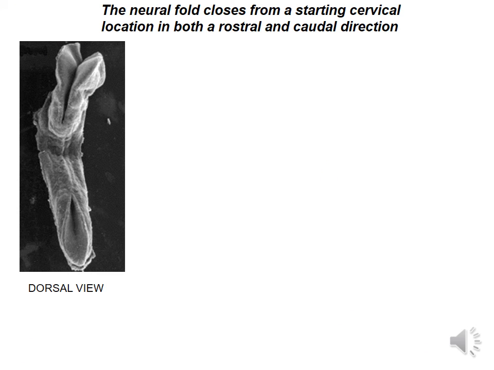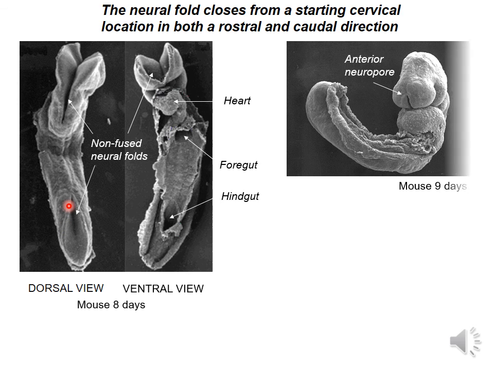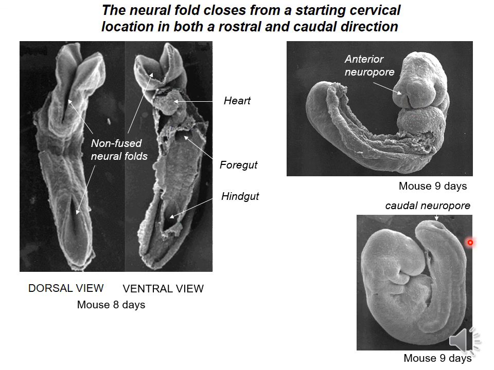Here again, this is the neural tube. It's closed except for the cranial region and the caudal region. This is called the cranial neuropore, and this is the caudal neuropore. They are still non-fused at these both regions. This is the anterior neuropore or the cranial neuropore, and this is the caudal neuropore.